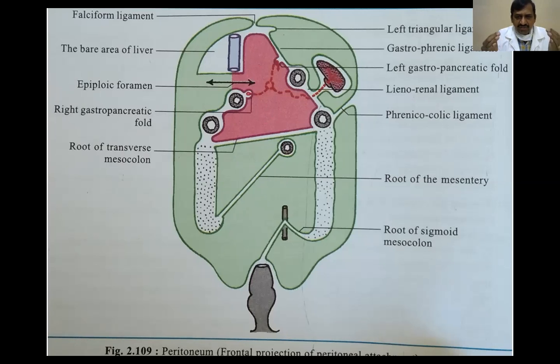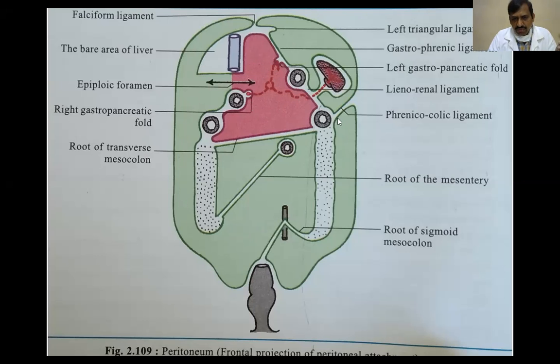That is the lesser peritoneum and the greater peritoneum. The lesser peritoneum is a very small area, the red colored area. It is also called the omental bursa. The remaining green colored area is the greater peritoneum.